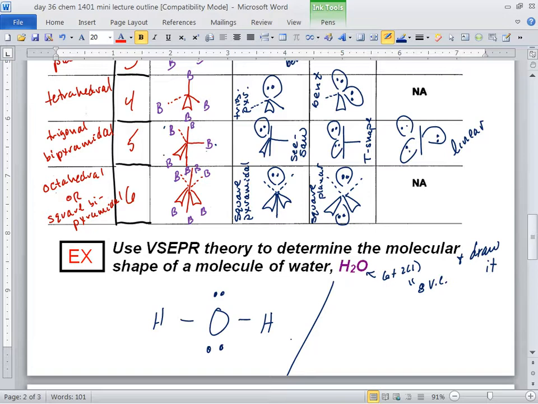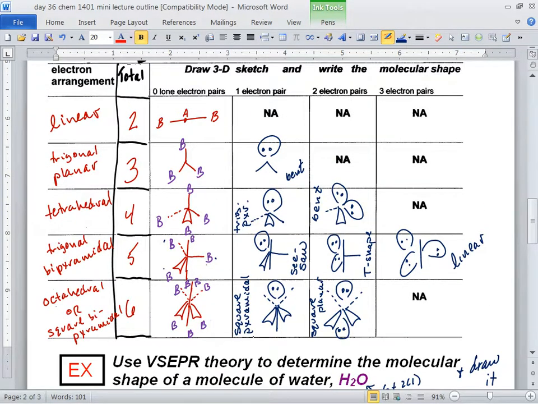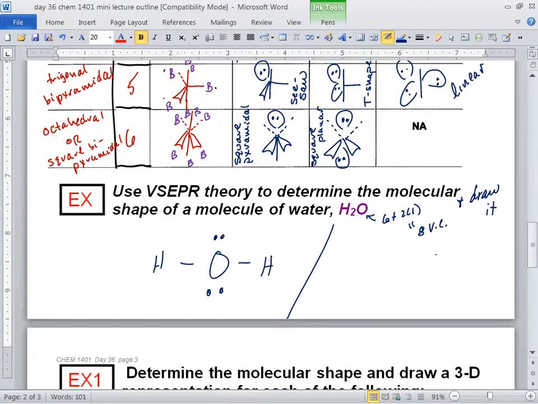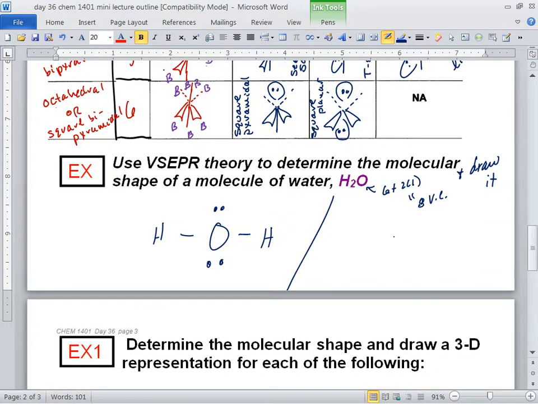So I find my table, and I'm going to be in here. I said I had 2 lone pairs, so I have to draw this shape, bent. If I want to draw it like I did in the table, I have to draw it bent. We had a dash and a wedge, if you want to copy it that way. So you could draw it that way and have your 2 lone pairs. It's bent.